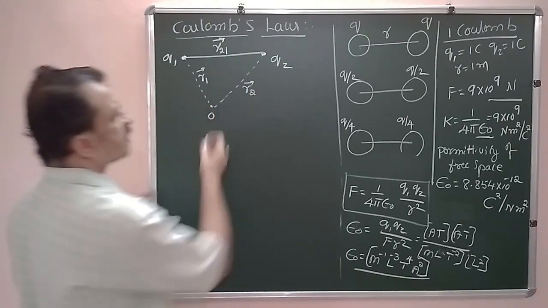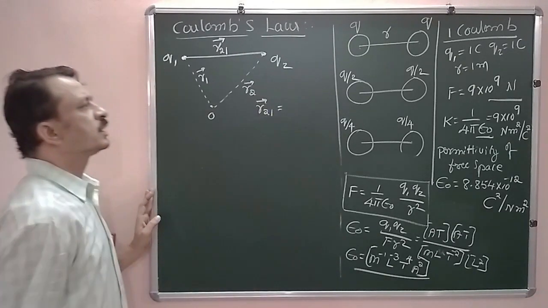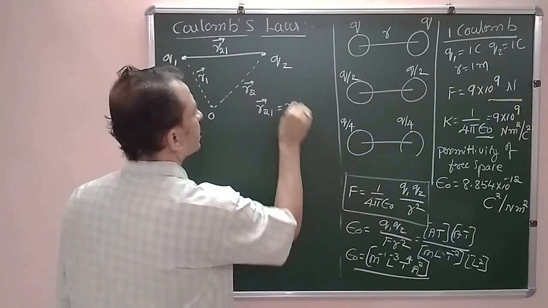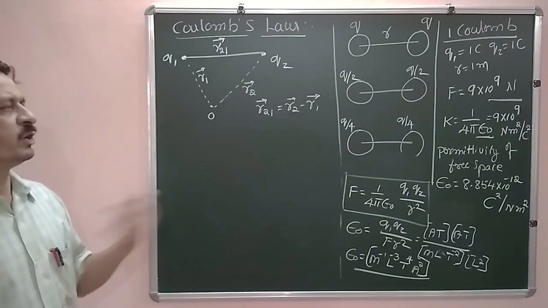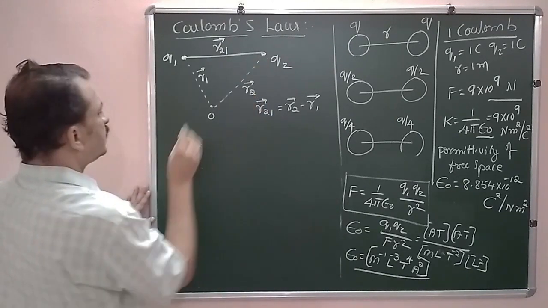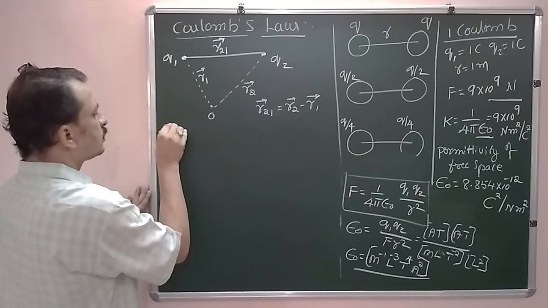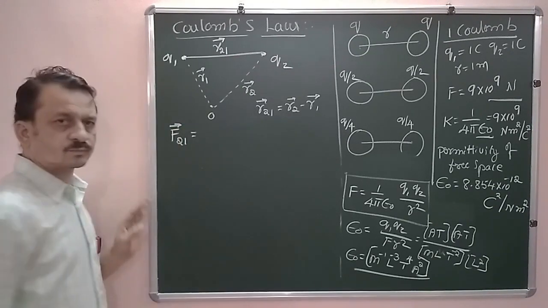With vector notation, vector R21 can be written as vector R2 minus vector R1, that we know. Now, let me define the force in vector form, F21.